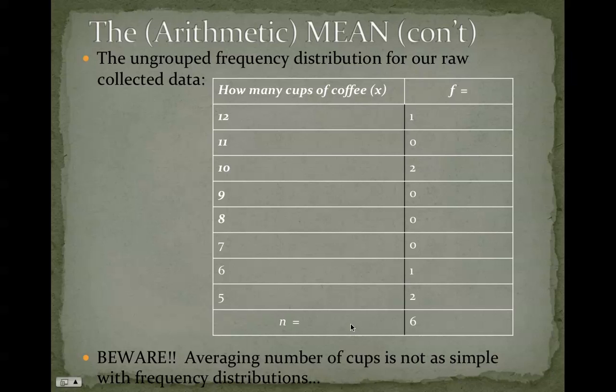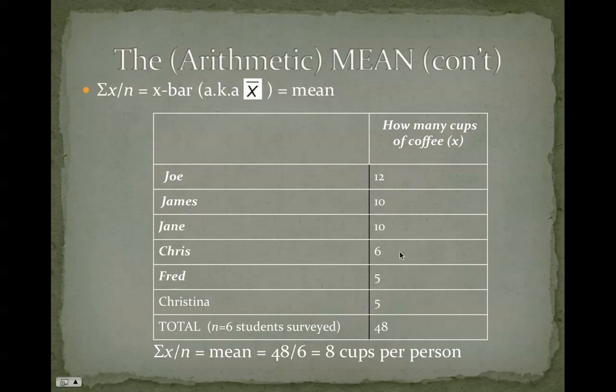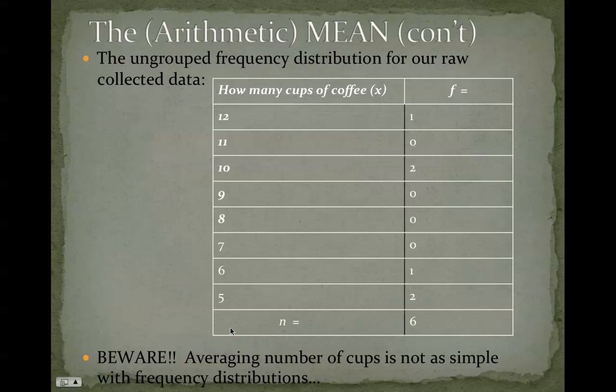Again, the one thing I also want to bring to your attention, in the big bold letters here at the bottom, is that the average number of cups of coffee is not as simple with a frequency distribution. Okay? In the raw data, it's very simple. You're just summing X, which is 48, and dividing it by the total sample size N. In a frequency distribution, you can't sum this X because I have a bunch of values that are represented by 0.